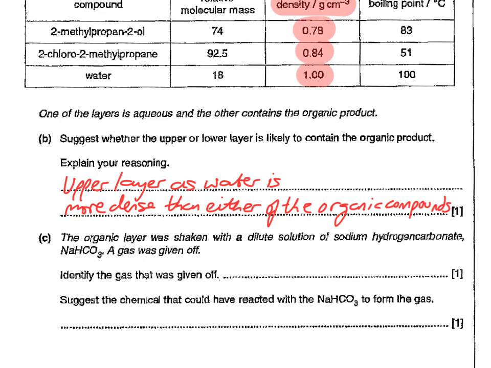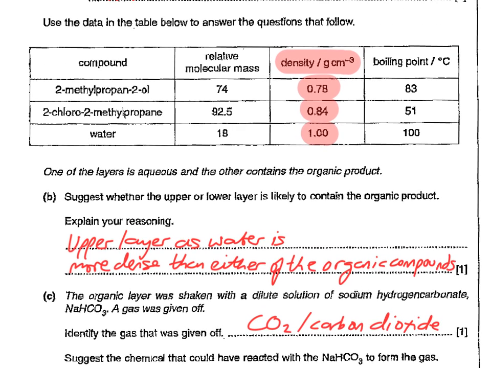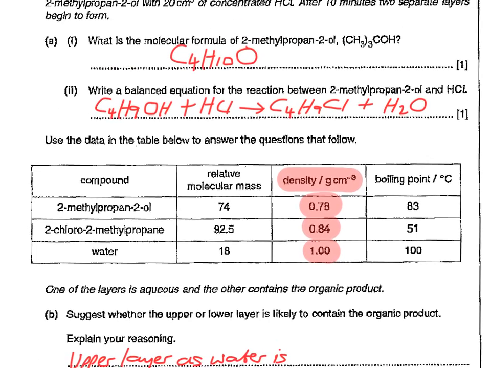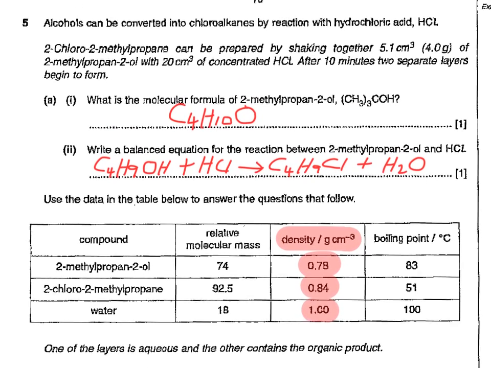So the organic layer was shaken with a dilute solution of sodium hydrogen carbonate. We just looked at that, haven't we? And a gas was given off, and they want you to identify the gas. Obviously we now know that would be carbon dioxide. And the chemical that could have reacted with the NaHCO3. So let's have a look back at the question a bit further up. So we've obviously got HCl.